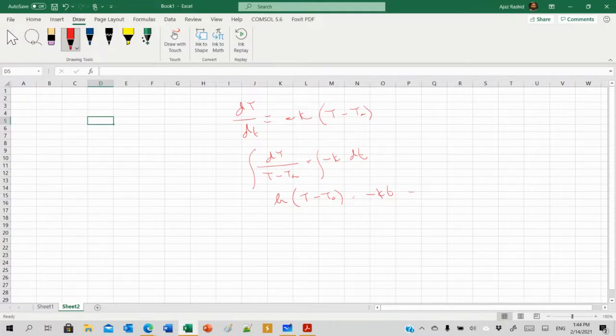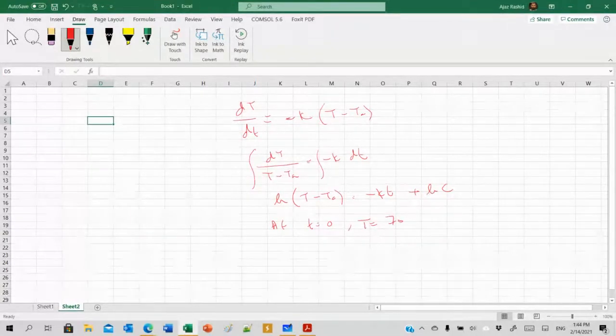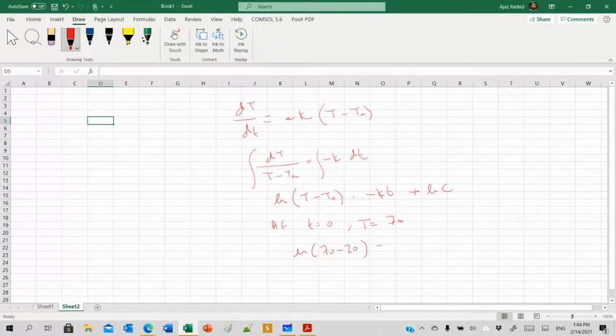Just to make life easy for me, I'll write it as ln c. Now at time equal to 0, temperature is 70, so ln(70 minus ambient 20) is equal to minus k times 0, that will be 0, plus ln c.